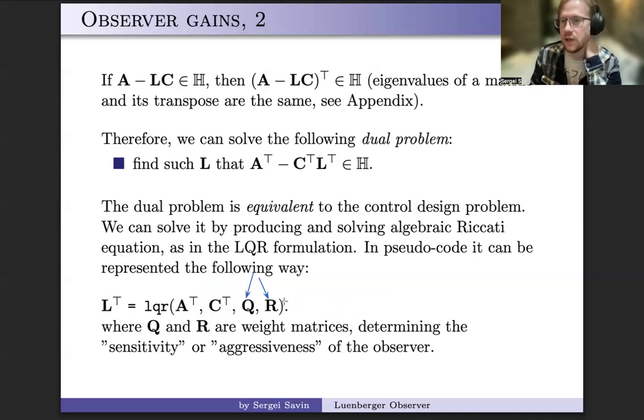You can ask it to observe very closely, but at the cost of changing your estimation rapidly when new data is available, which sometimes is not good. Or you can ask it to be more gentle, so it will be slower to change, with less ripples, less oscillations, less reaction to bad inputs, for example. Okay, all right. So that's how you tune your gain.